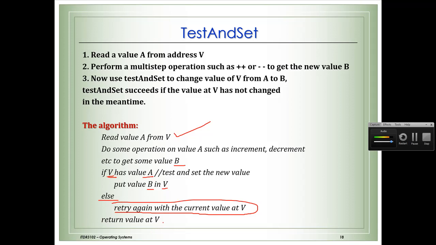Then finally, whatever value is in V, return that value. So this is how the test and set algorithm functions.